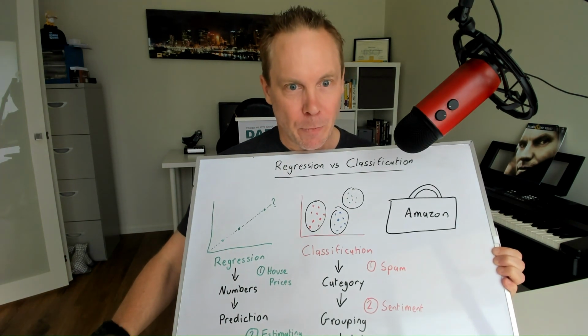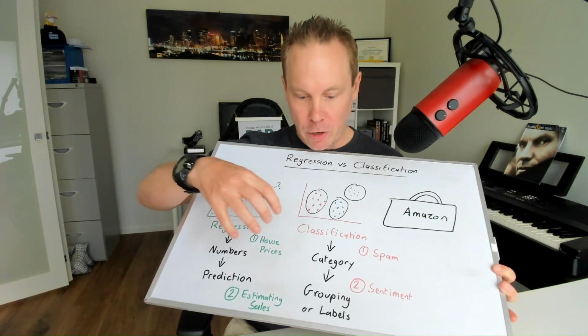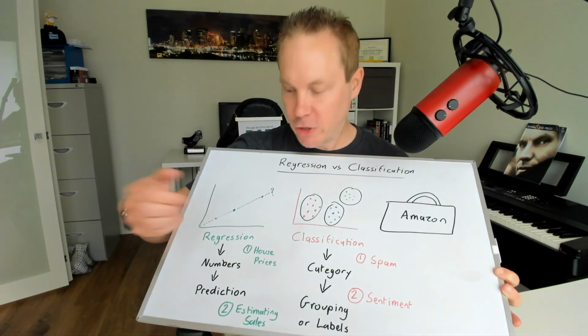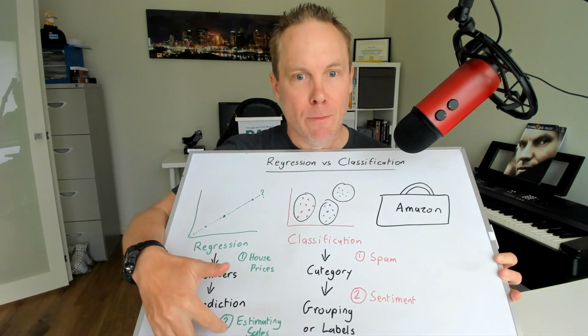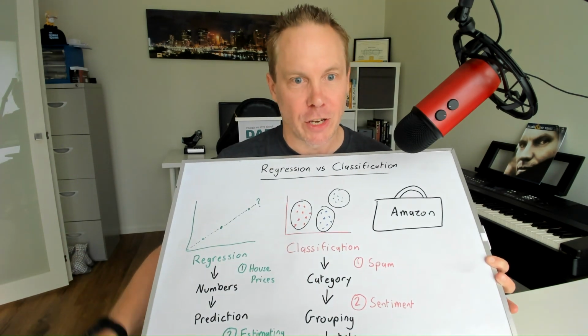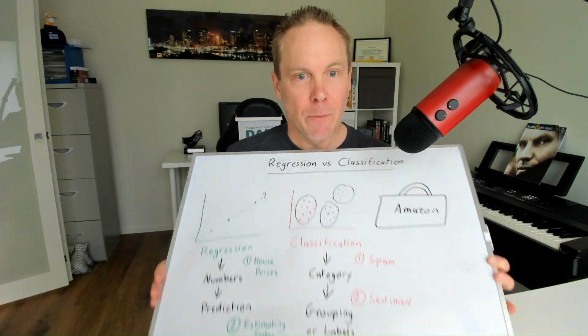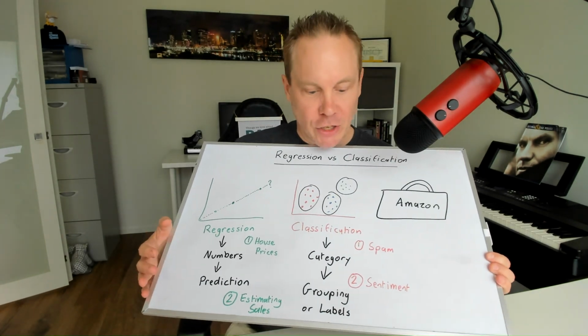Fantastic. So let's talk about some real world examples. We talked about regression: house prices, as you can see here, number one, estimating sales, number two, forecasting temperature, all regression case studies. Classification: spam detection, image recognition, sentiment analysis.